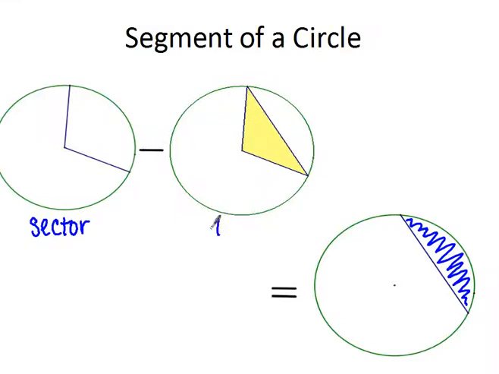This would be where all the toppings are. Okay? So we're going to take sector minus triangle. That gives us this crust out here called a segment of a circle, because it's just a portion of it. Okay, so we're going to be finding the area of the pizza crust that they cut off and leave behind or feed to the dog.